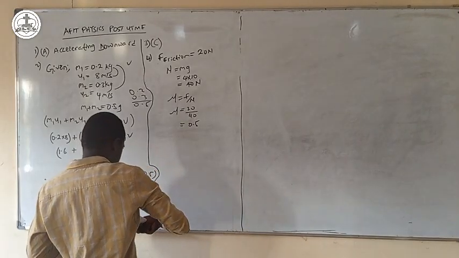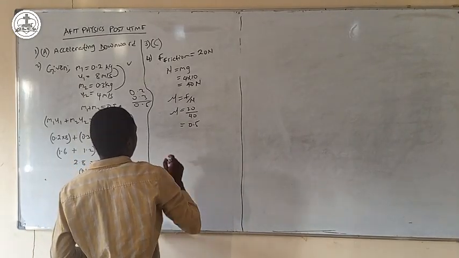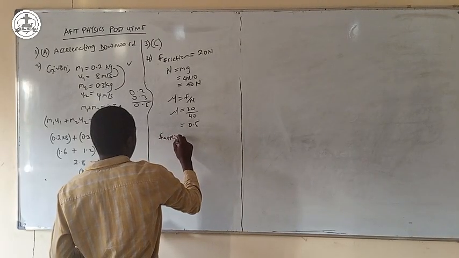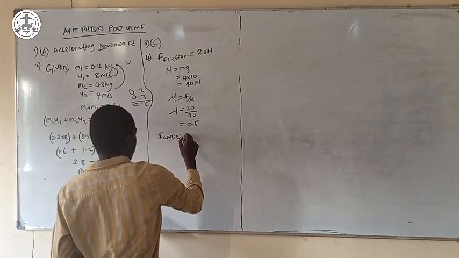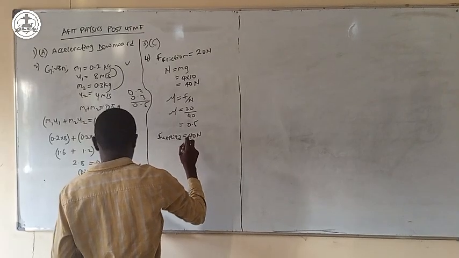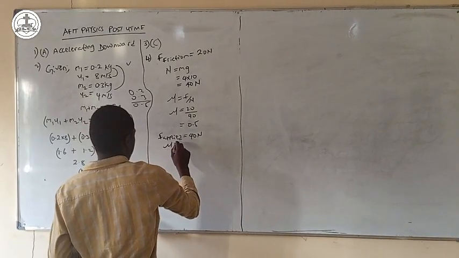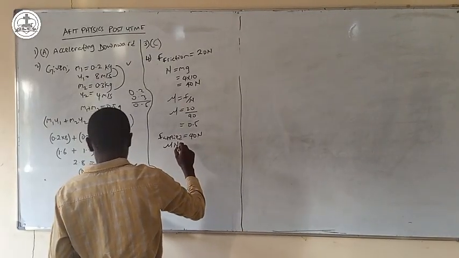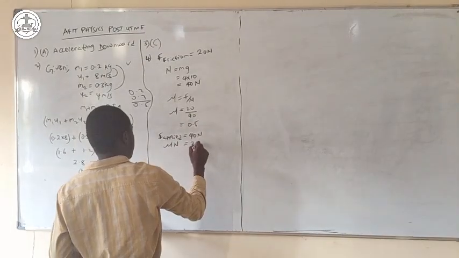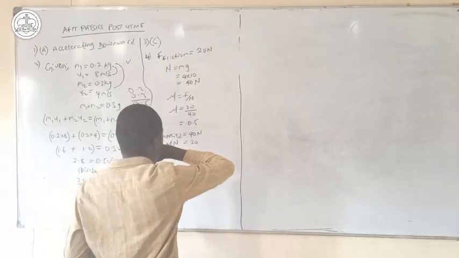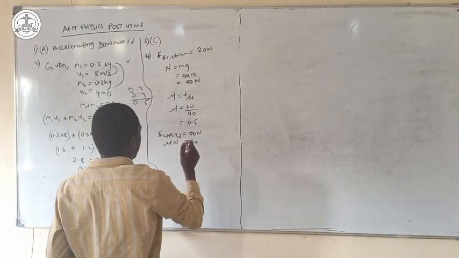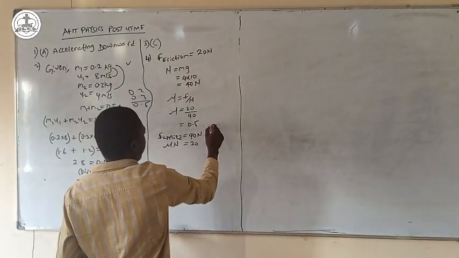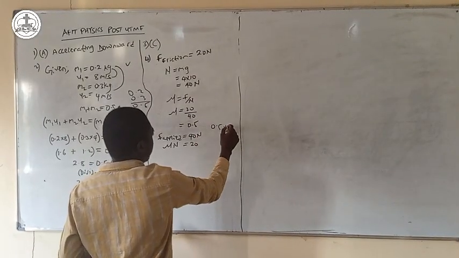Then we move to when the force is doubled. Recall that the force applied is equal to 40 Newton. And mu N, that's the friction force, is equal to 20. Yeah, remember mu is 0.5 times this N, 40.